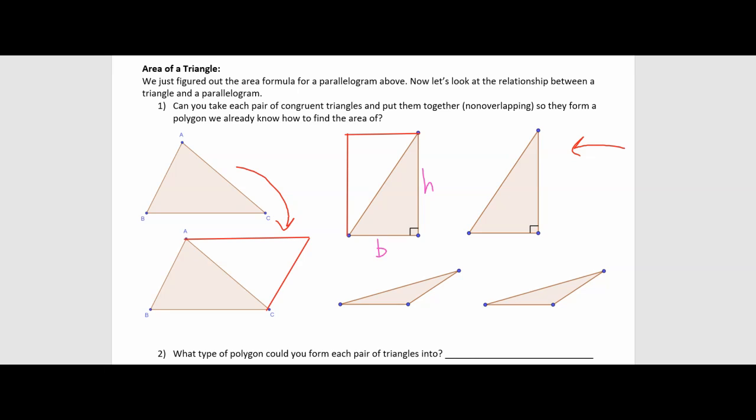Notice that the base of this parallelogram is the same as the base of one of the triangles, and the height of the parallelogram is also the height of each triangle. So we formed a rectangle with two of these triangles. We formed a parallelogram with two of these triangles.